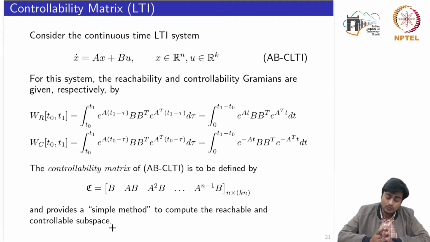Now we already knew from the LTV systems that we can compute the reachable subspace and the controllable subspace by computing the images of these matrices. But having an LTI system gives us more flexibility in representing those results in terms of this specific matrix.